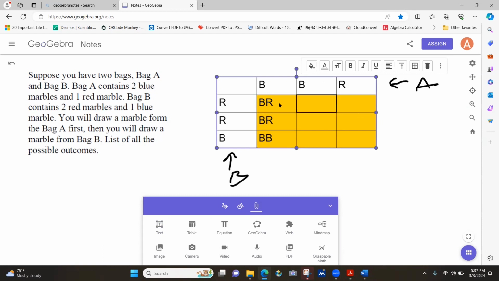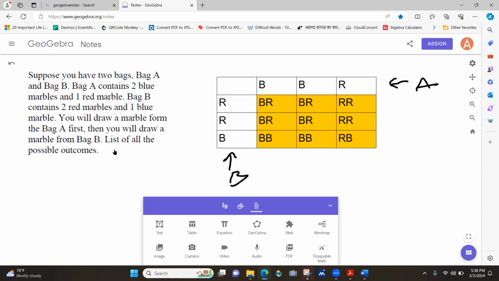The second blue marble, same kind of deal. The red can be paired up with this red, this red, and this blue. This is your sample space, the yellow part.